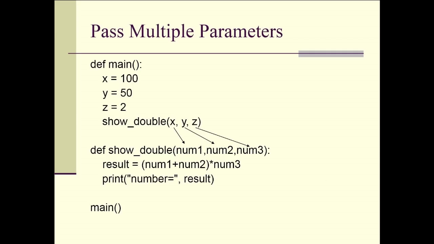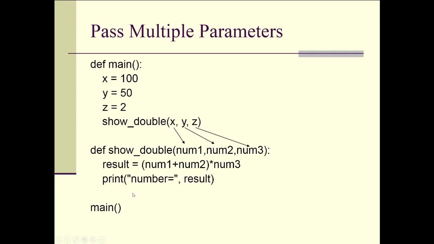And then when I call show double, I'm going to use x, y, and z separated by commas. Now, the x is going to send its value to the first parameter of show double. The y is going to send it to the second one, and the z is going to go to the third one. They will always stay consistent: first one to first one, second one to second one, etc.